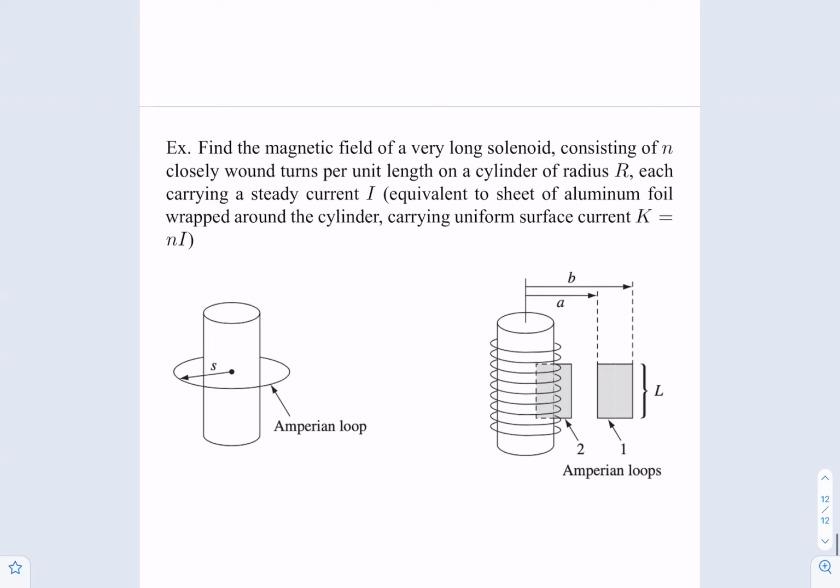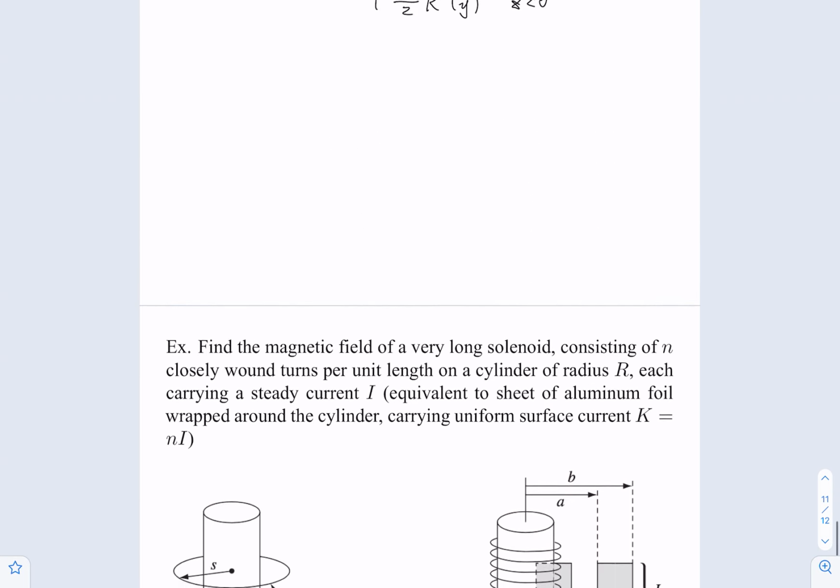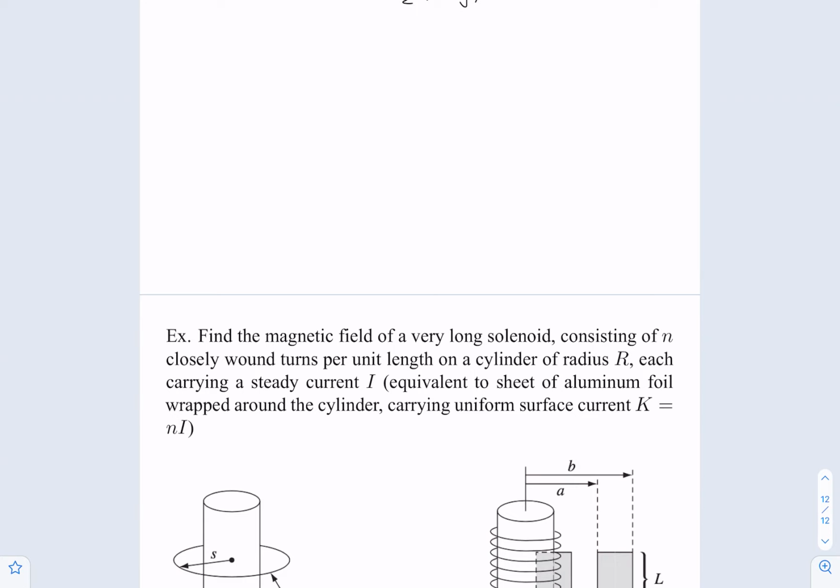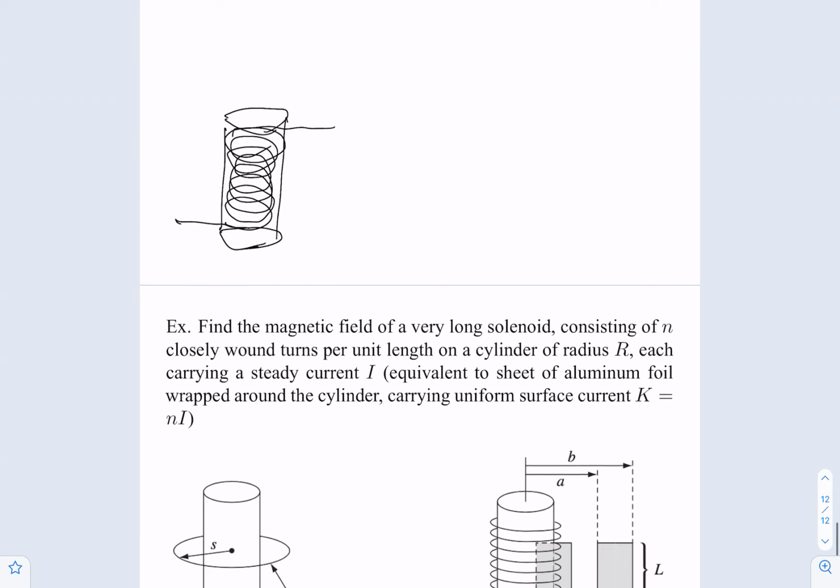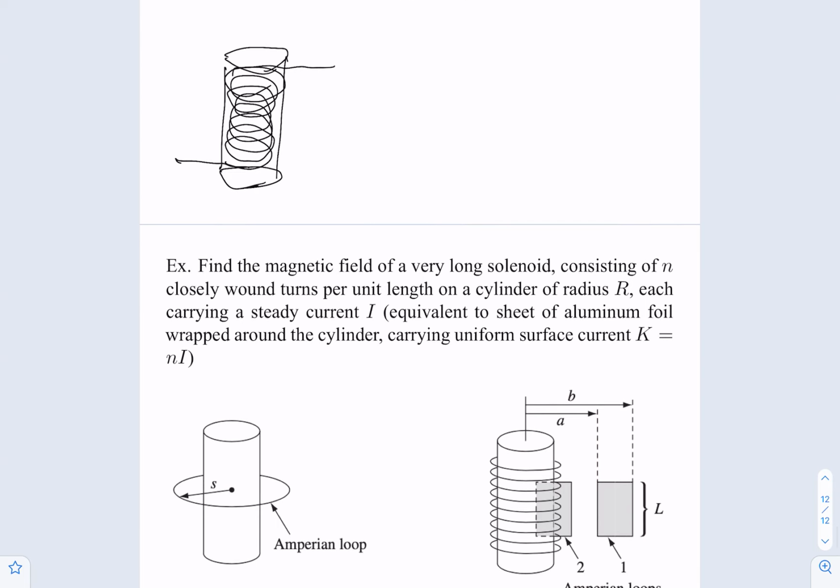For a solenoid, you can think of many loops of wires that form the cylinder. But this loop of wires are so tight that it looks as if there is a surface current.